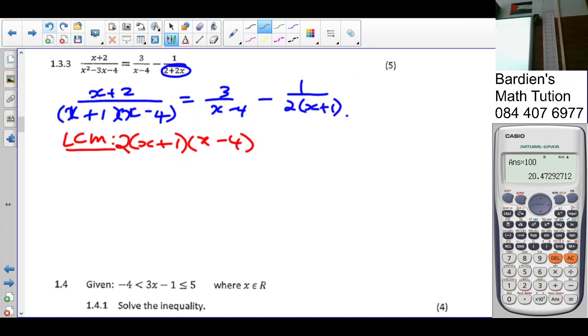Alright. What's my restriction? Which value can x never be equal to? Negative 1 is? And? Positive 4. Why can't x be equal to negative 1 and positive 4?